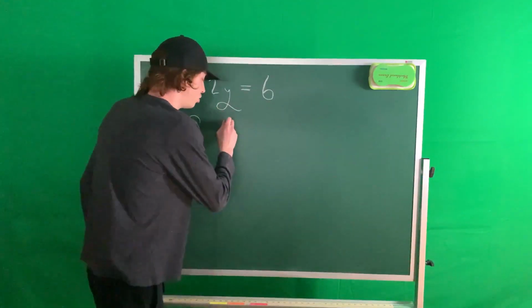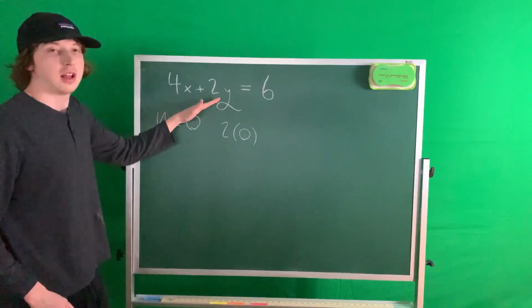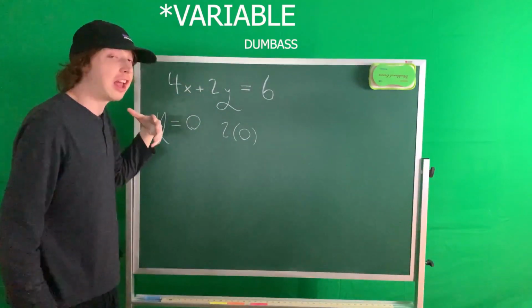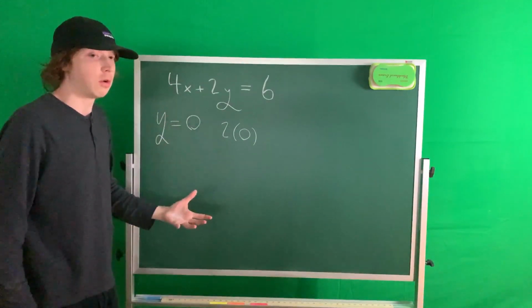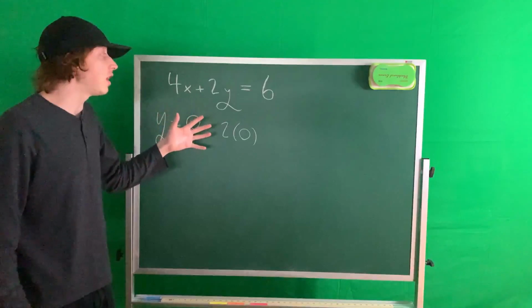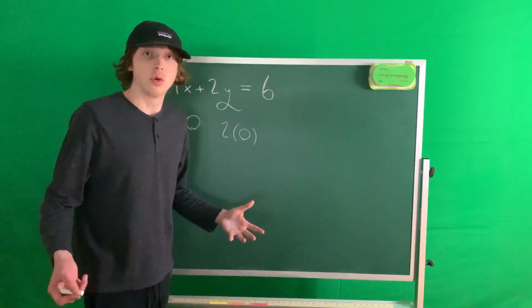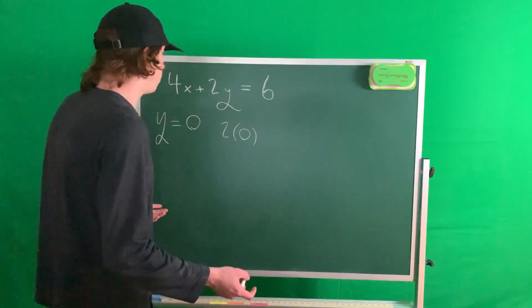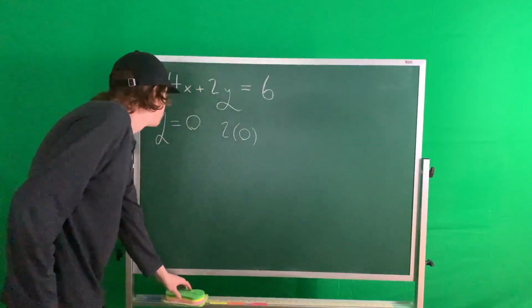Well, that would give us 2 multiplied by 0, and it would completely eliminate the y term, and it would isolate the x right off the bat. So then we're able to find the initial value of x for when y is equal to 0. And then we could do the same thing. From there, we could just plug these in, make sure that it's true, and find the actual value of what x is and y is. So let's give that a shot.